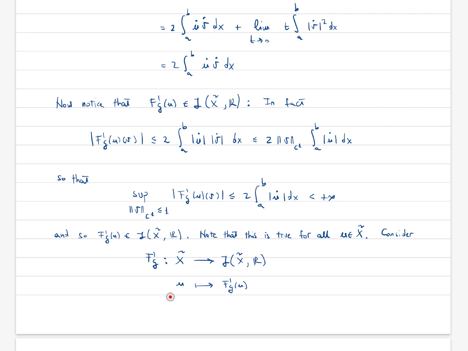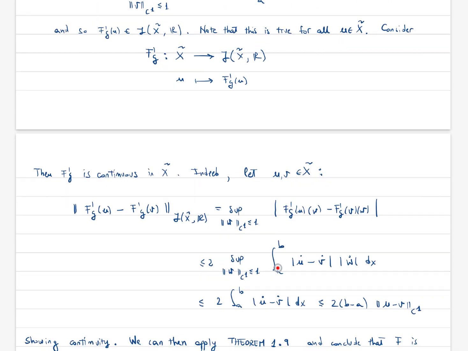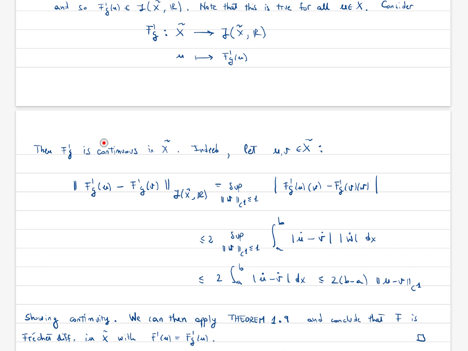Okay, now we can consider the map f prime g, so the Gateau derivative map, which sends u into its Gateau derivative. And we notice that f prime g is continuous in x tilde.